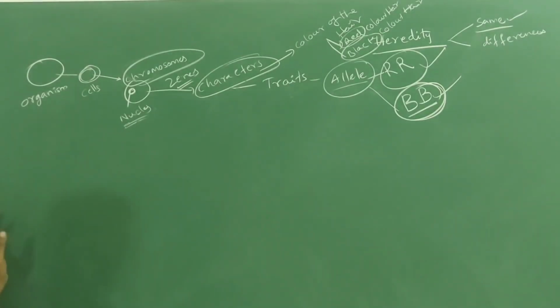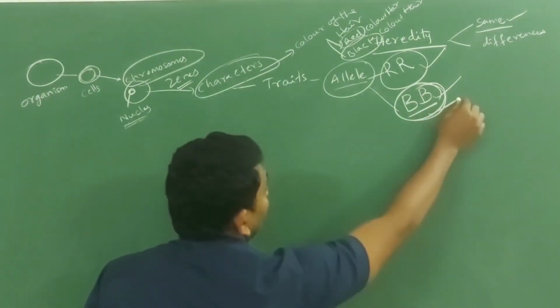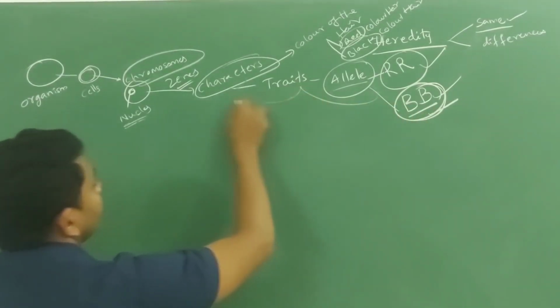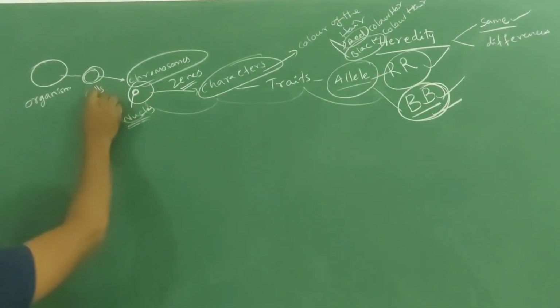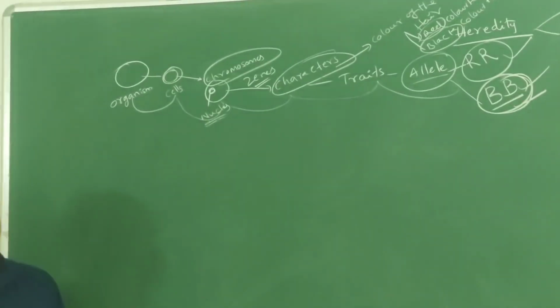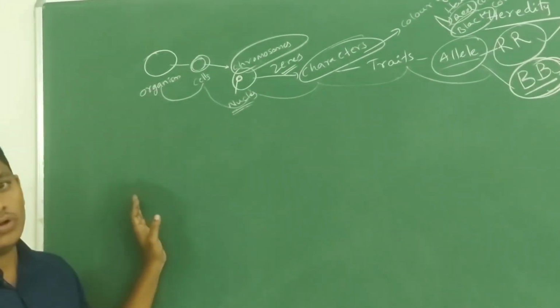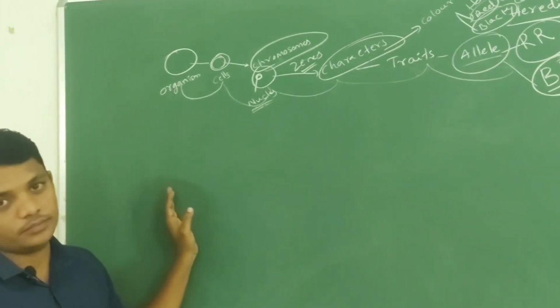So here we are discussing how an organism is made up of alleles, traits, characters, chromosomes and cells, and these cells make up the organism. We should know this before going into the lesson.